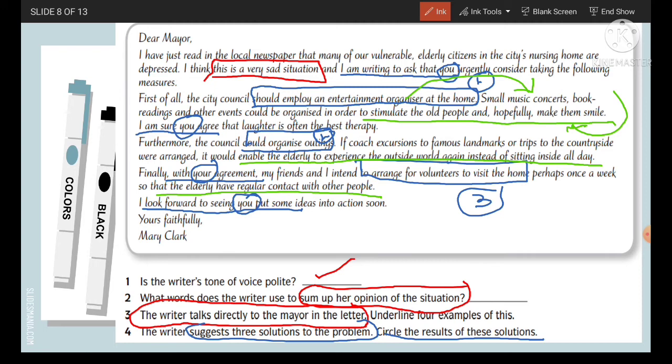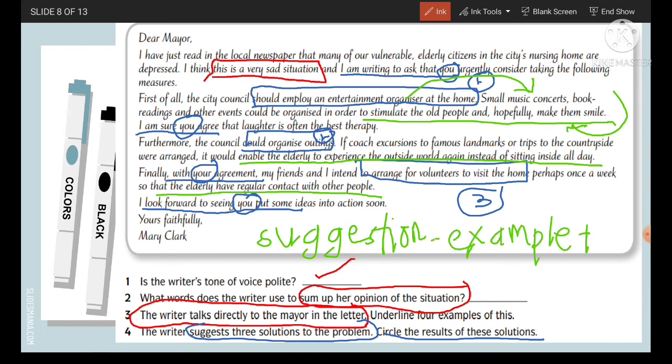So the keywords there: give suggestion, followed by example, and the consequences, the result, the impact toward your suggestion. So you have to write clearly in your letter.